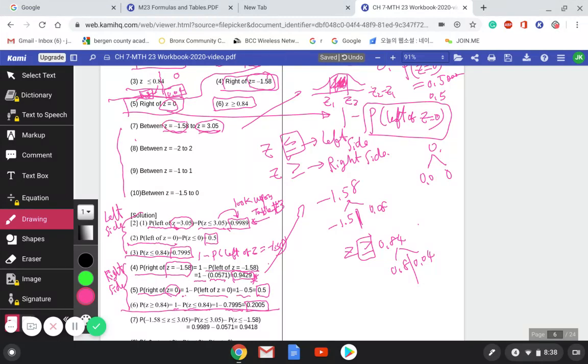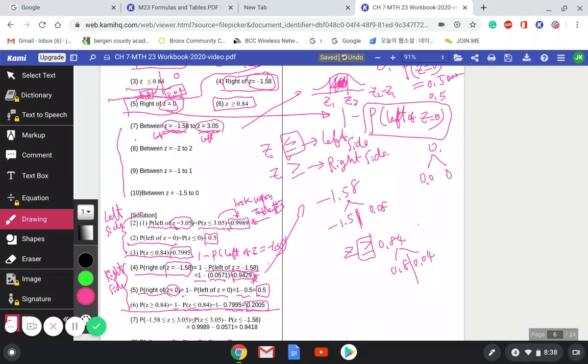They already gave you the z values, so now all you have to do is find the left of 3.05 minus the left of negative 1.58.